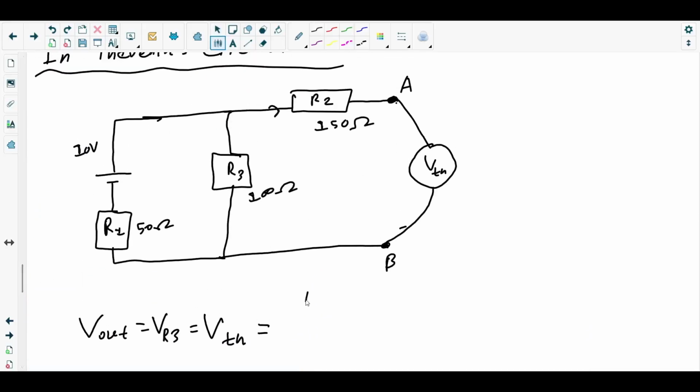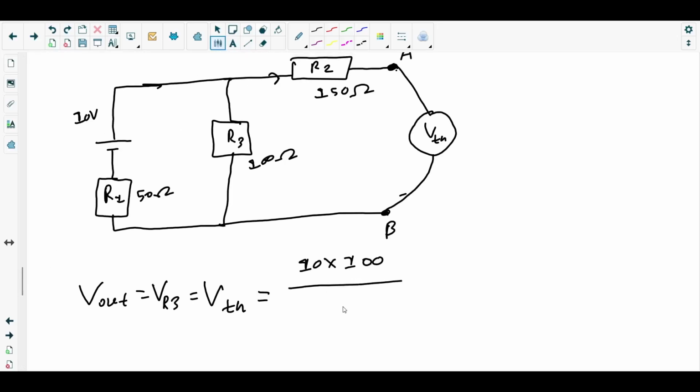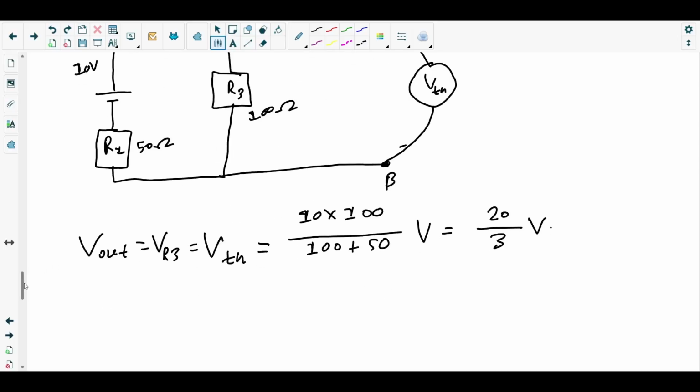EMF is 10 times R3 is 100, over the sum of the resistors R1 plus R3. So 100 plus 50. So this is basically 1000 over 150, which is 20 over 3 volt. We got the Thevenin's equivalent voltage.